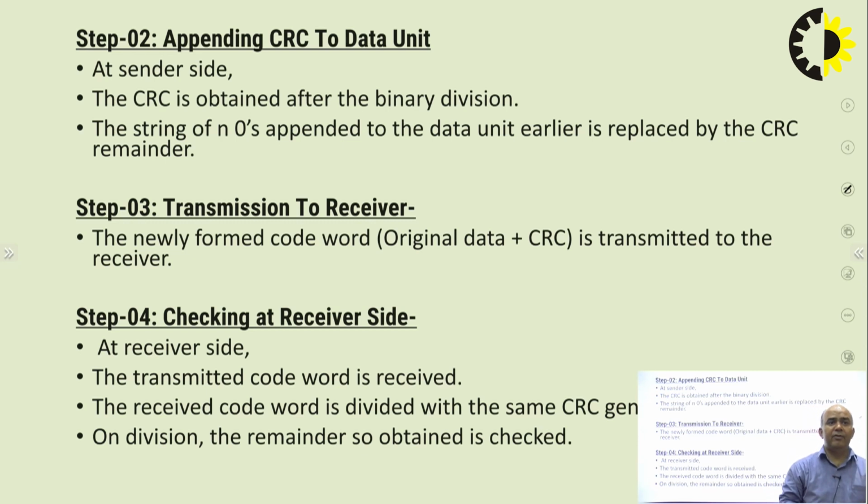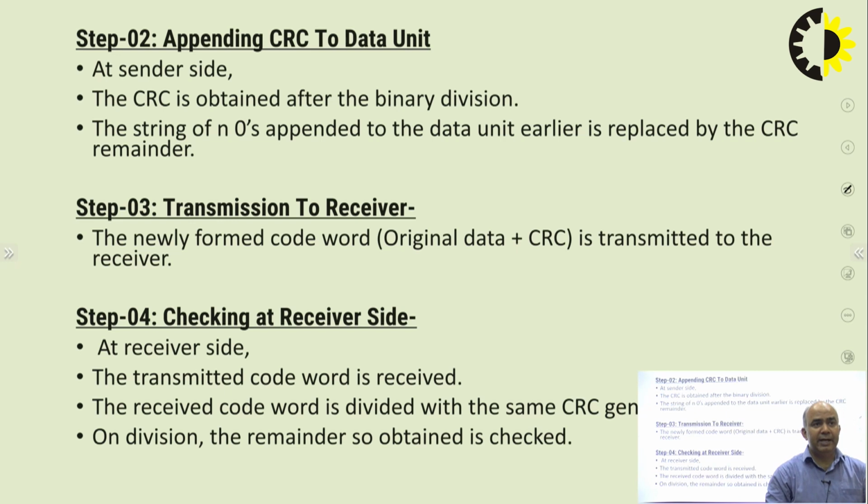So, the string of n zeros appended to the data unit earlier is replaced by the CRC remainder. The number of zeros that were appended to the data is now replaced by the remainder that we have after dividing that data.